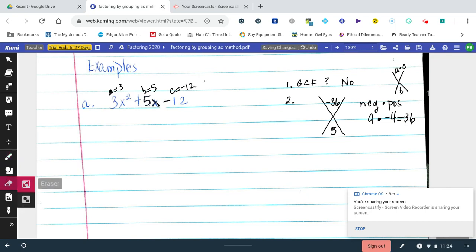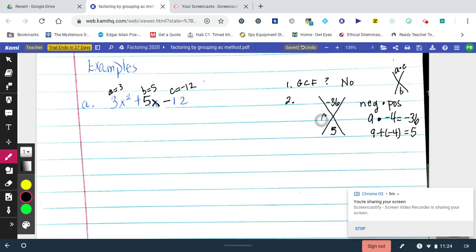Let me write that a little better. And then 9 plus negative 4 equals 5. Okay, so we have 9 and negative 4. You are not going to use those numbers in your factors.